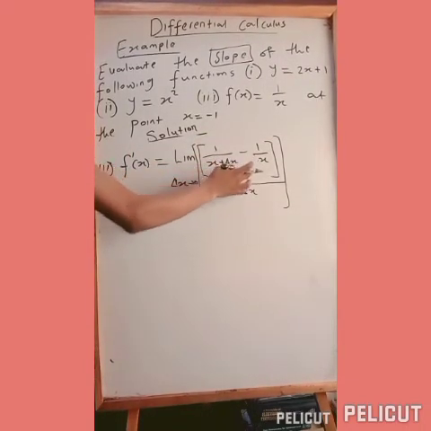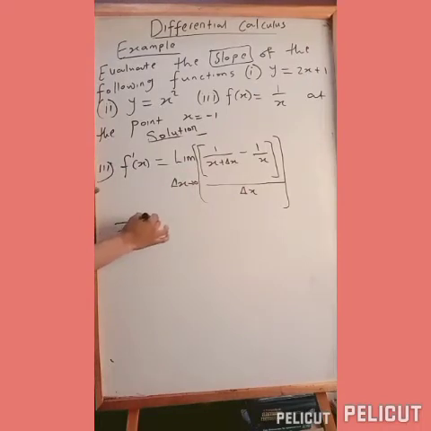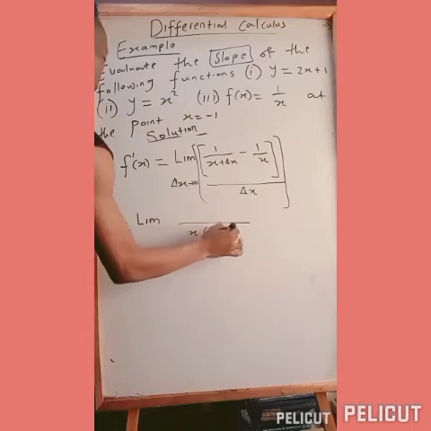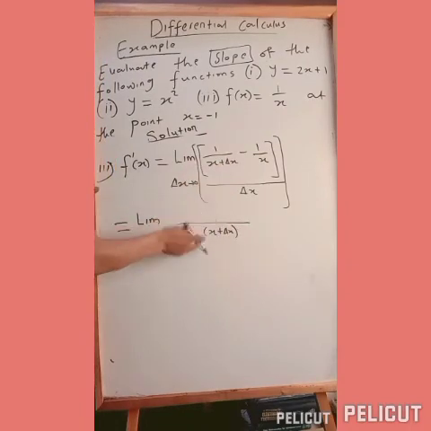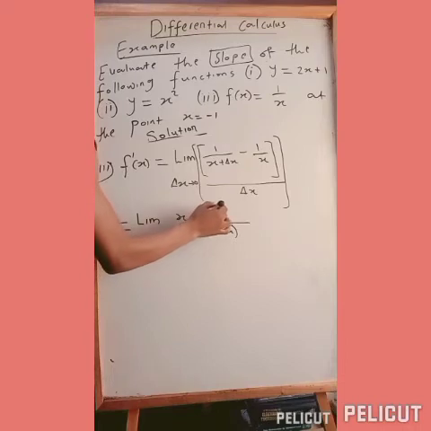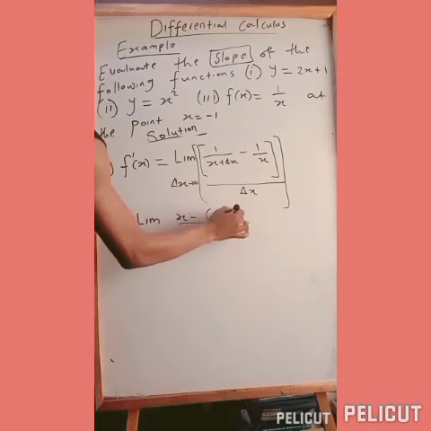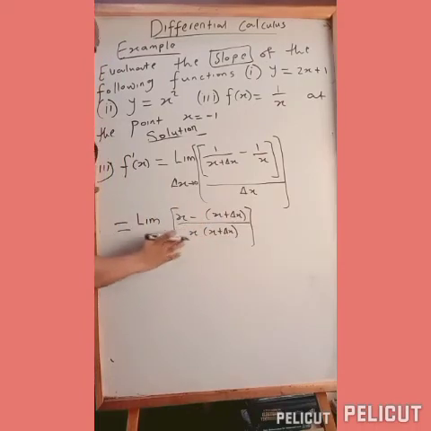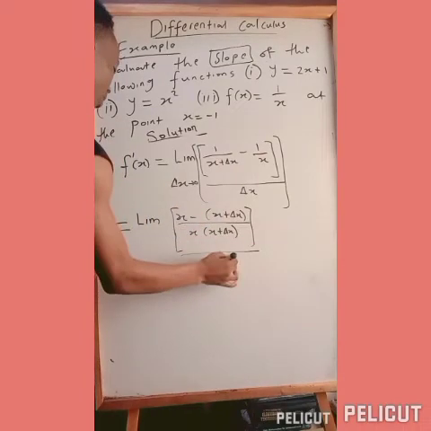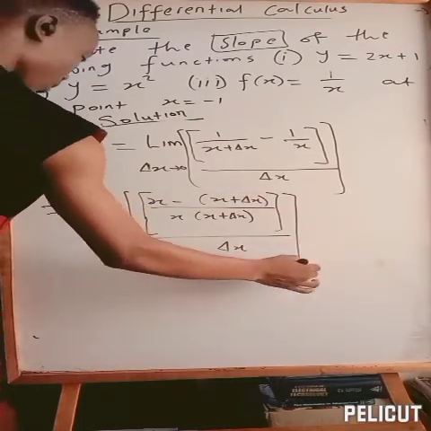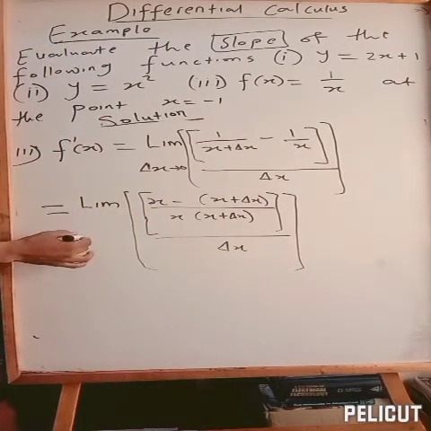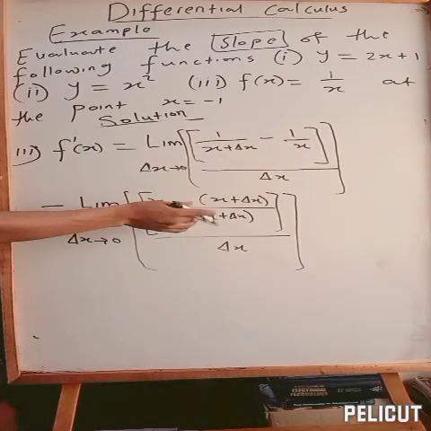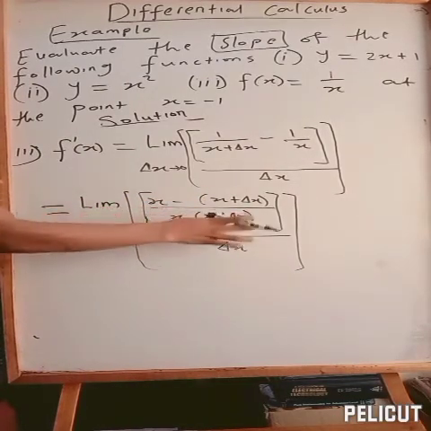So we find the LCM of this, and this is going to be the limit of x minus (x plus Δx), everything here divided by x times (x plus Δx), as Δx tends to 0. Okay, so if we open this up, these guys can drop.